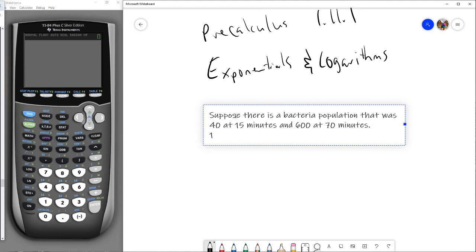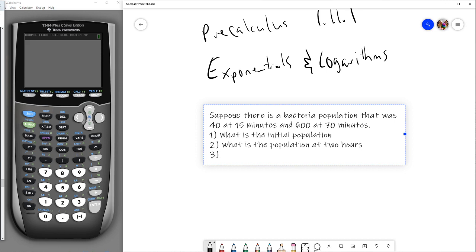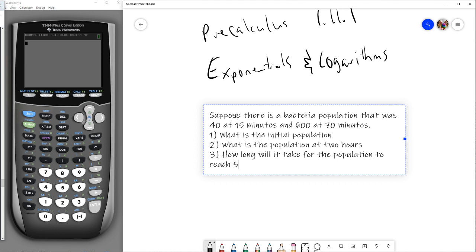So then our first question is going to be, what is the initial population? What is the population at about 2 hours? And then how long will it take for the population to reach 500,000? Alright.